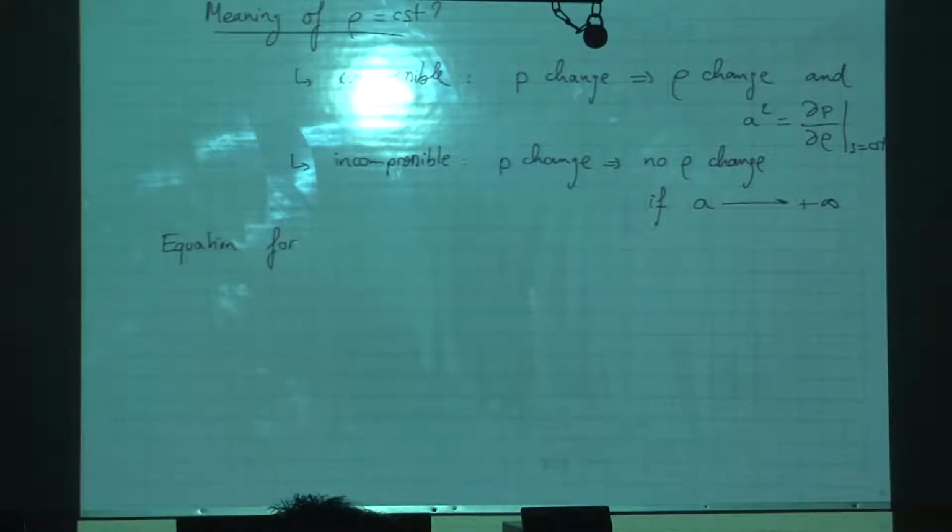So if I want an equation for P, the simplest way I can do that is to take the divergence of Navier-Stokes.